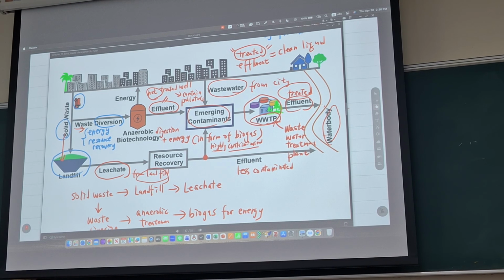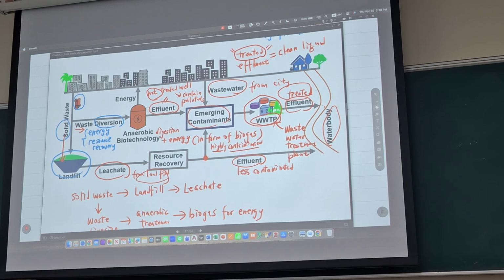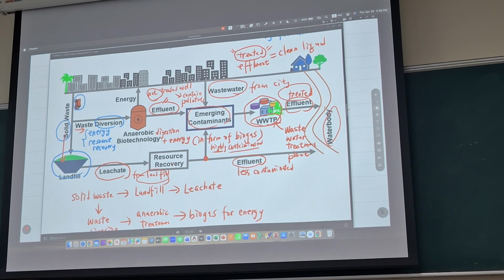Water body means river. The influent here is still not as clean as the treated effluent after the wastewater treatment. Because here we do not have wastewater treatment, we just have some resource recovery.